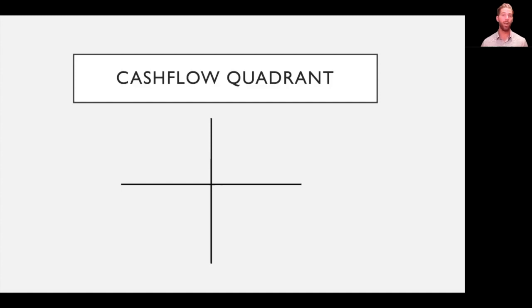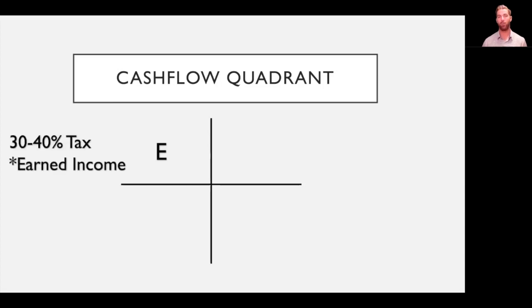Basically, there are 4 ways to make money in our society. On the left side of the quadrant, we have employees, and employees are actually taxed at the highest possible rate. Depending on how much money you make determines your tax rate percentage. But traditionally, an employee is going to be taxed anywhere from 30-40% of their earned income.